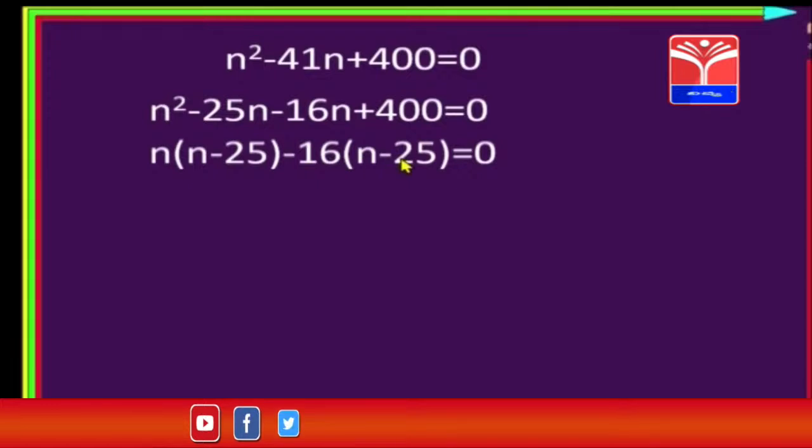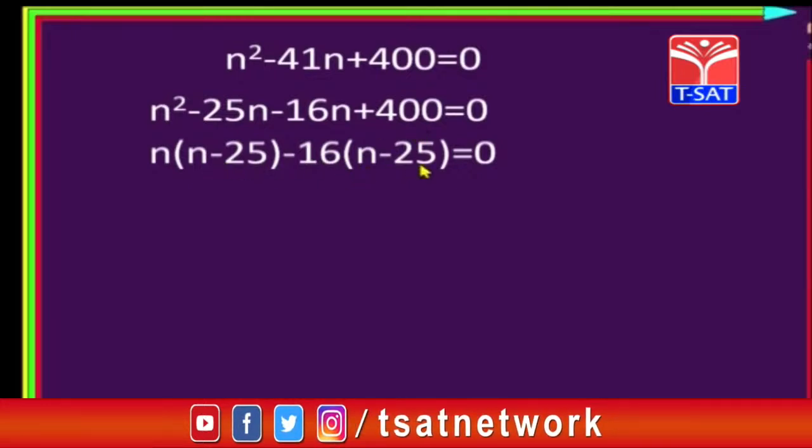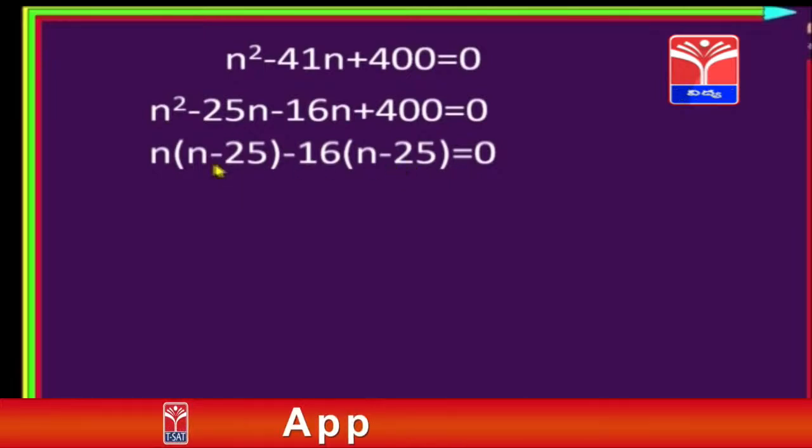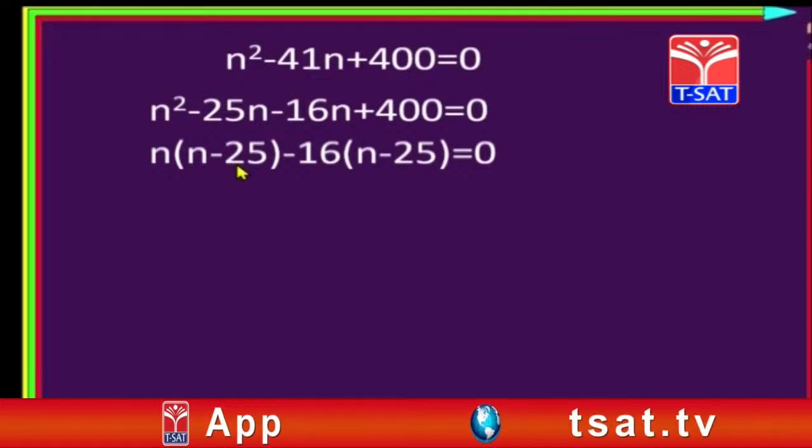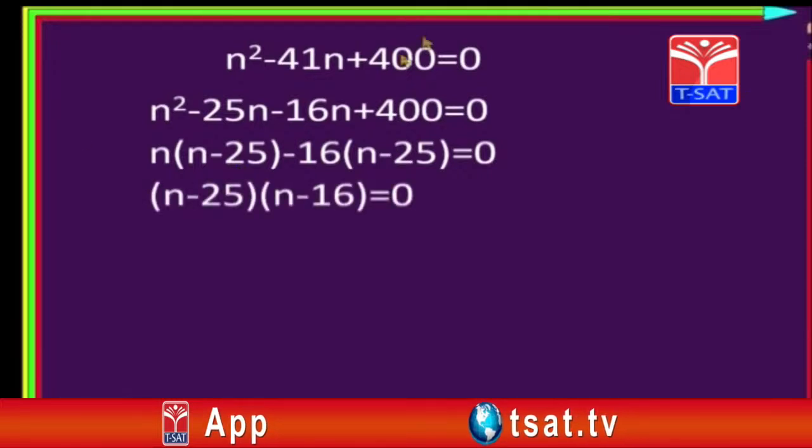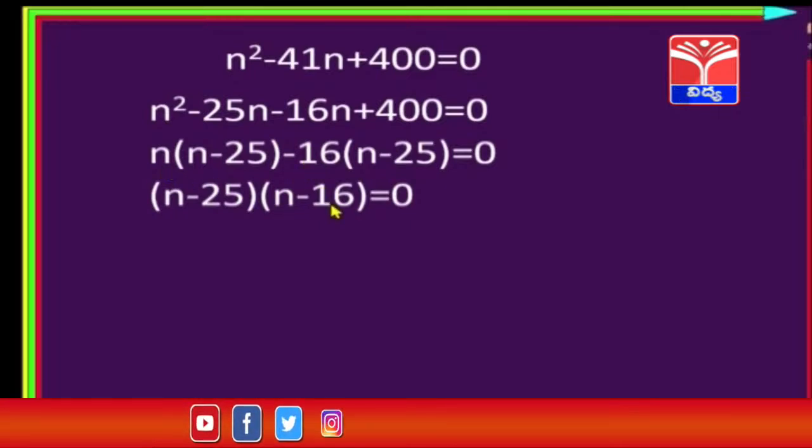So minus 16 into minus 25 is 400. These terms should be the same after factorization. Now again, what is common? n minus 25 is common. Then what is remaining? Here we have n and here we have minus 16.